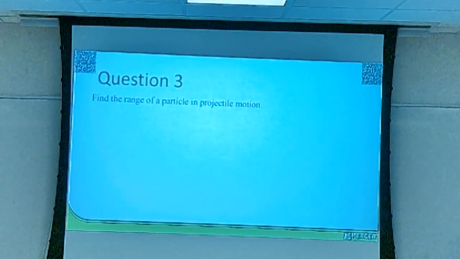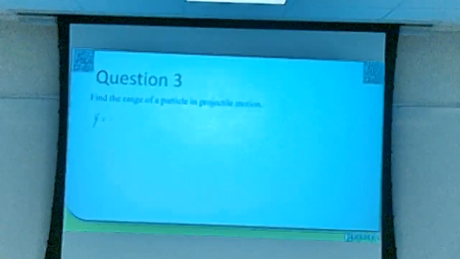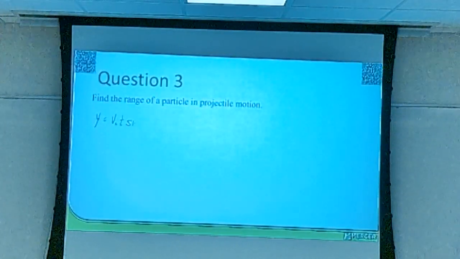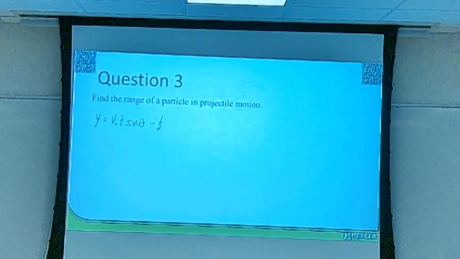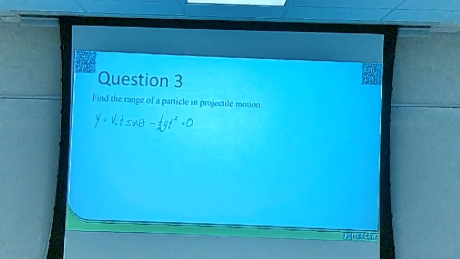Second, they wanted the range. Range is the horizontal distance covered. We'll find out when you reach your initial position again.